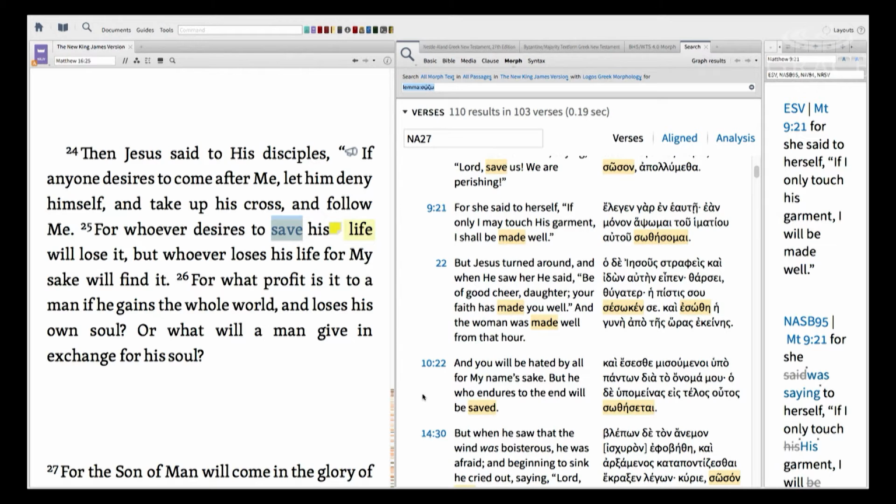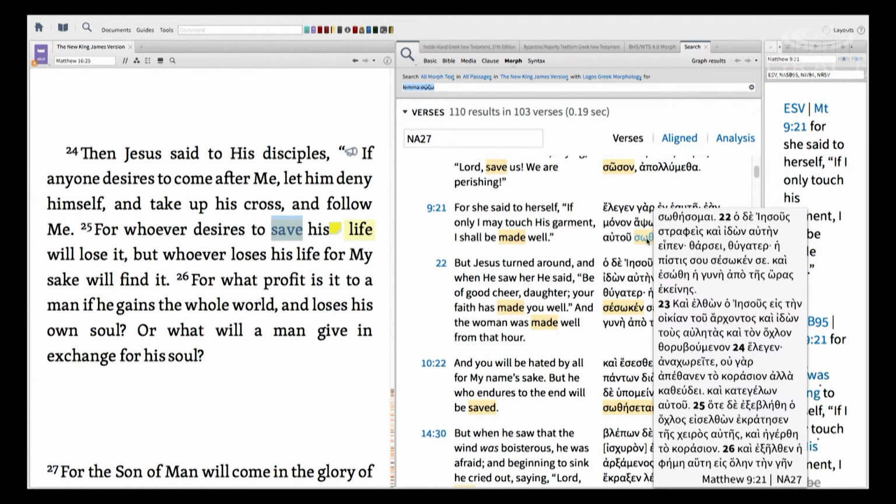And the woman was made well from that hour. Okay, we got three meanings in a row. They're going to mean the same thing, aren't they? And none of them is translated saved. But if you go over here, you can see this little, what looks like an S, and that looks like a W. It's there, and it's there, and it's up here. So all three times you have that same Greek root.